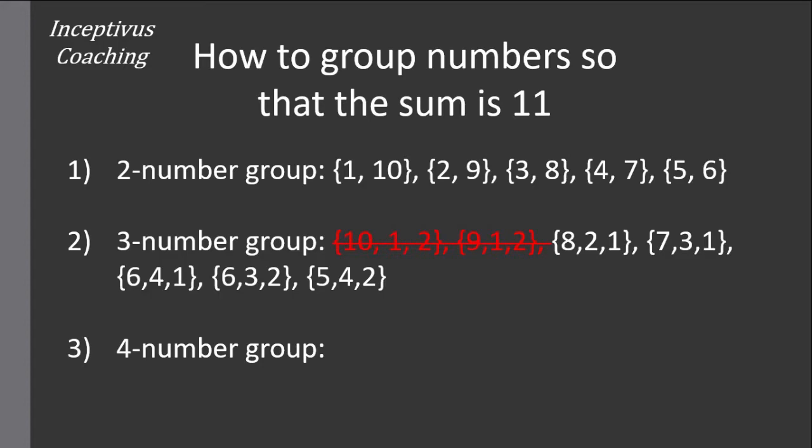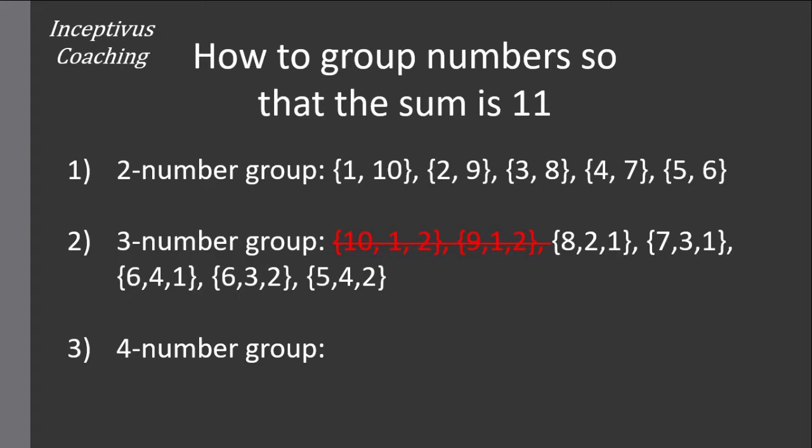Well, actually, that doesn't work as well, because if you put 9 as your first number, the smallest second number will be 1, but that also leaves you no space for the third number, because you cannot repeat 1 again. So actually, the largest number you can put in a 3 number group is actually 8, and that means the second and the third number must sum up to 3, and there's only one way. 8 2 1 is your first case.